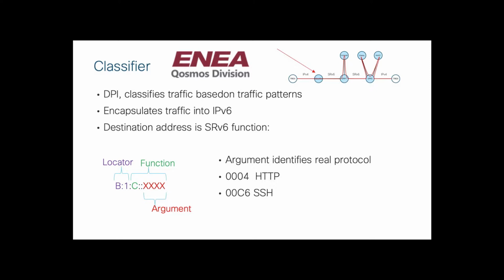The classifier by INEA does not classify protocol based on TCP or UDP ports, but rather focuses on handshake analysis and specific protocol pattern analysis. It will encapsulate all received IPv4 traffic into IPv6, where the IPv6 destination address is really an SRv6 function, and SSH is classified as C6 in this case.